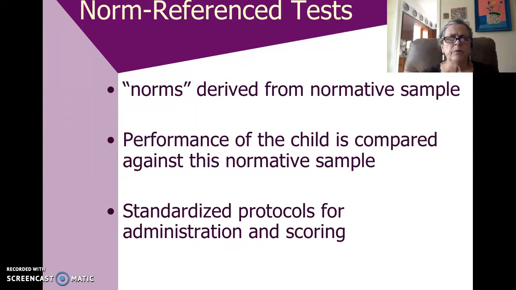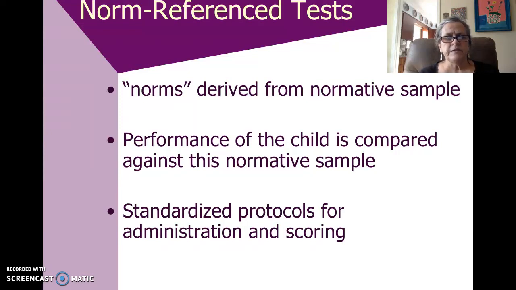More recently, we've become more aware of the need to make sure that this really is a good sample. And so you'll see in more recent testing that the normative sample was drawn from the east and the north and the west and the south of the United States, and that they looked at rural and urban areas, and that they include children of various racial backgrounds.